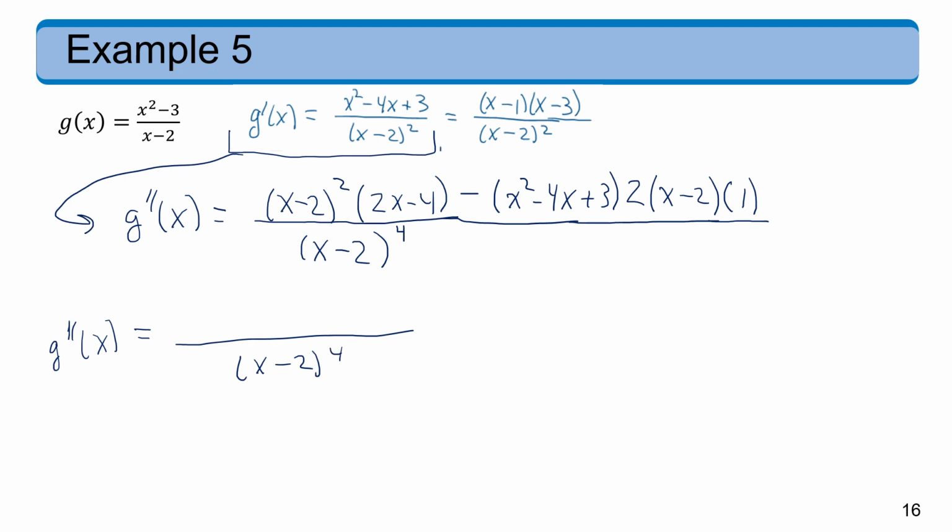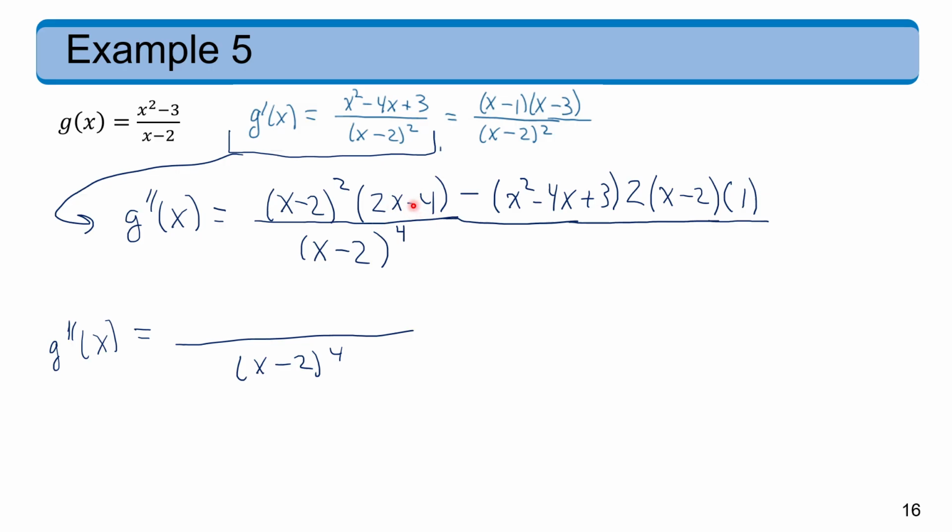Okay, now let's think about how we want to do this. One option is to square this out and then distribute this parentheses over that one, and then distribute all of this, but that's a huge amount of work. If you look for some other options, notice that x minus 2 appears in both terms. And here, if you factor out 2, that's another factor of x minus 2.